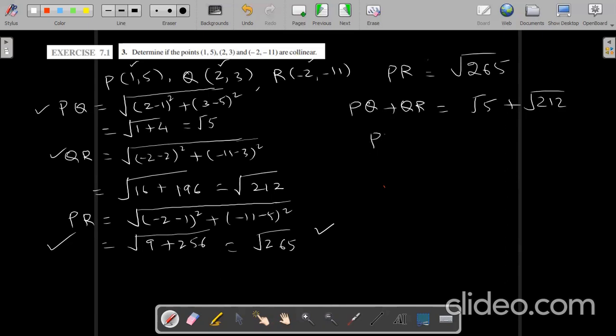Therefore, PR cannot be equal to the sum of PQ plus QR, which implies that P, Q, R are not collinear.